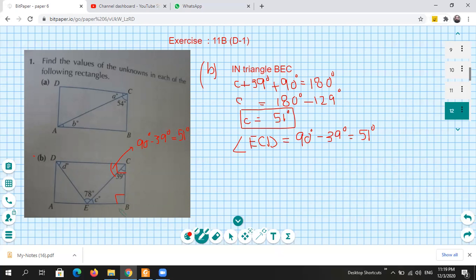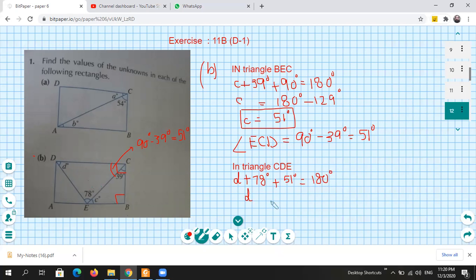All right, next. Now we can apply the sum of angles on triangle ECD, right here in triangle CDE. The first angle is D, second is 78, and third one is 51, equal to 180 degrees.